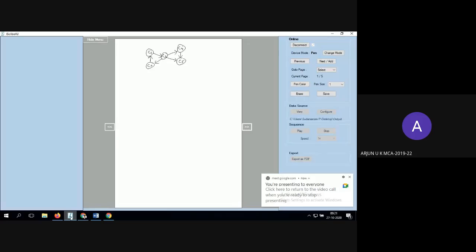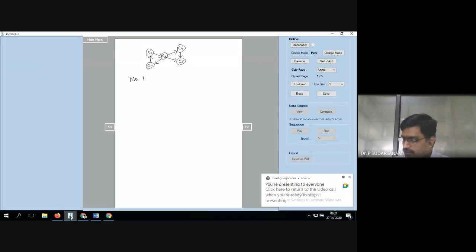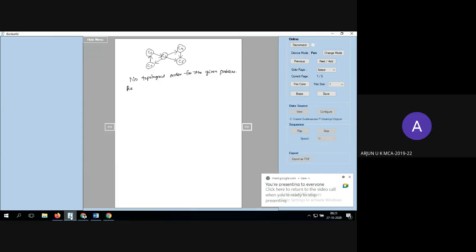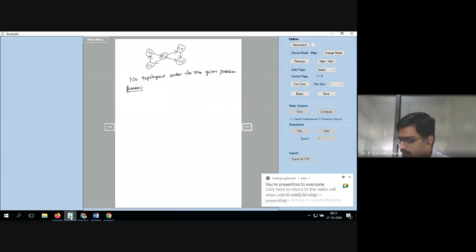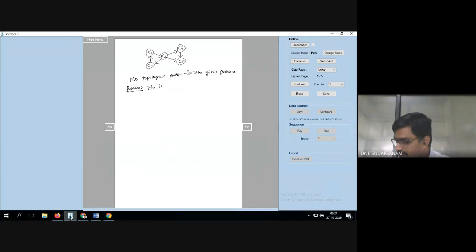In the exam also same thing: no topological order for the given problem, because what is the reason? No in-degree node is available in the given diagram.